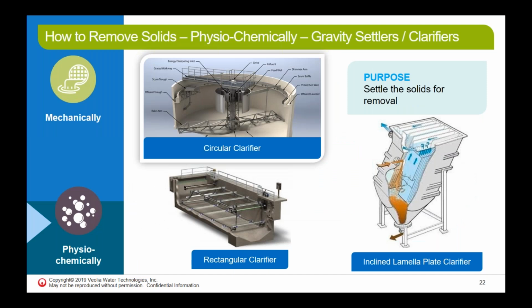Now, while what you're looking at mechanically looks very similar, we will start talking about the physical-chemical separation principles. Once we remove heavier coarse solids and the grit, we might want to remove lighter particles that are small in size and do not tend to settle quickly, but if we provide them enough help to settle, we will be able to remove them by the forces of gravity or buoyancy.